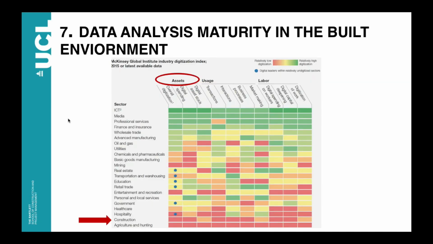But the reality is that the construction sector is at an early stage in terms of maturity. As you can see in this index provided by McKinsey, we can find construction at the bottom of the industries in terms of digitalization. And as you can see, in terms of assets, the application of digitalization is still in its early infancy.